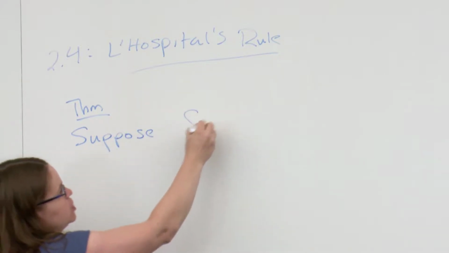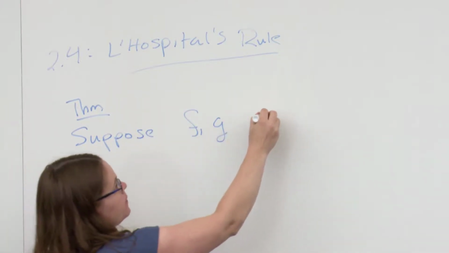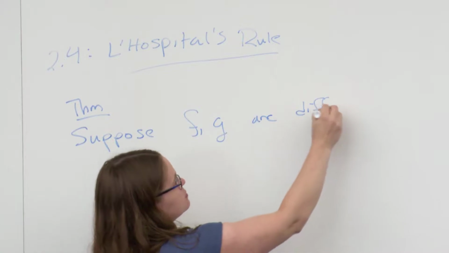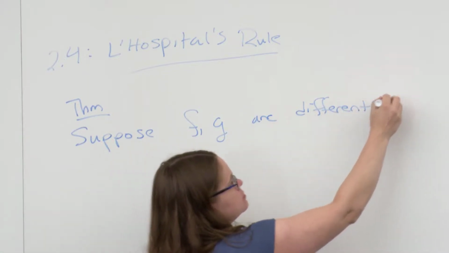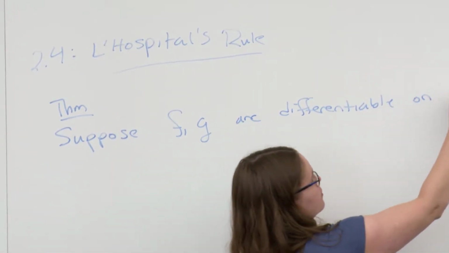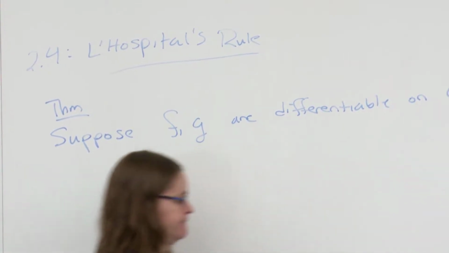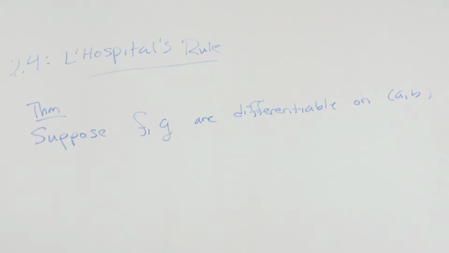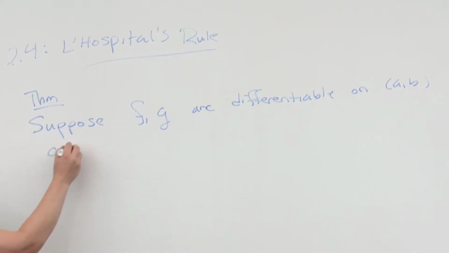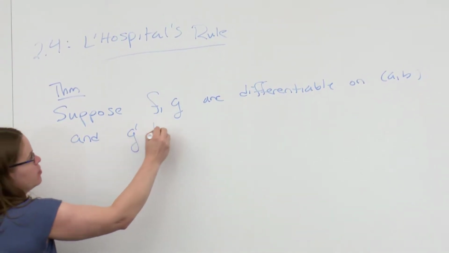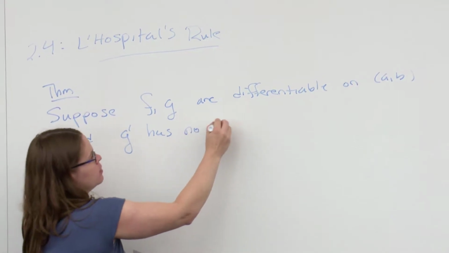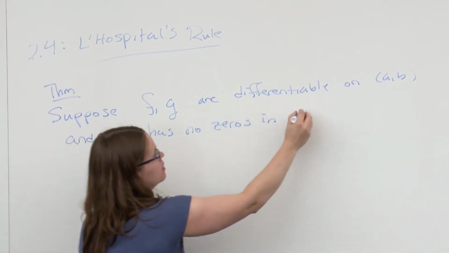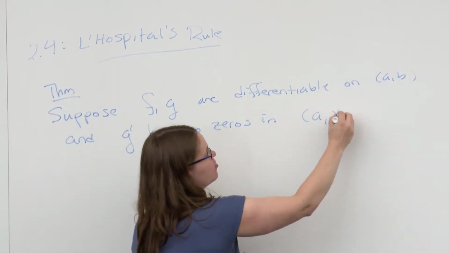So we have two functions that are differentiable on some open set. And g prime has no zeros in this interval, except possibly at x naught.